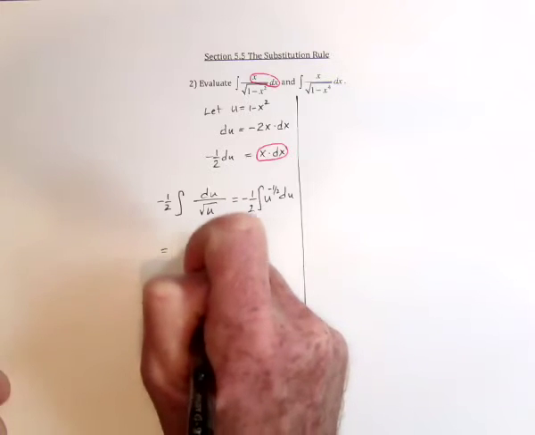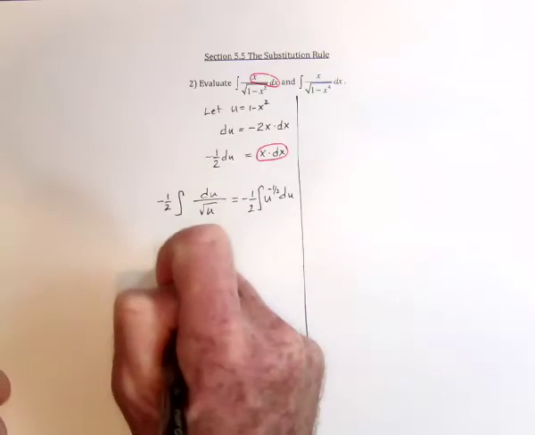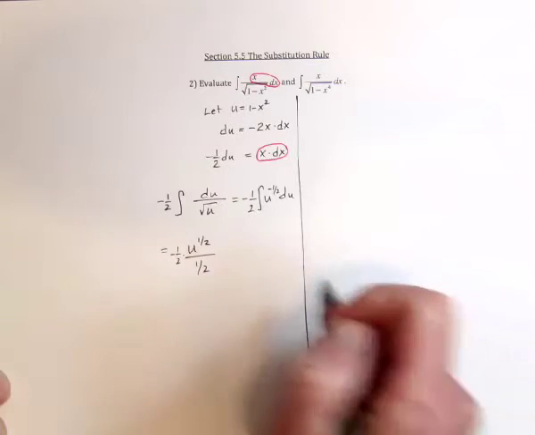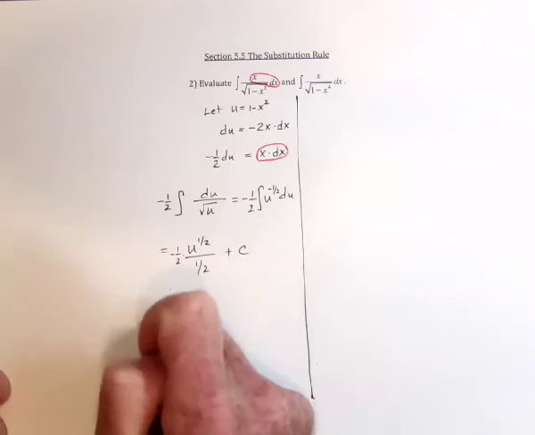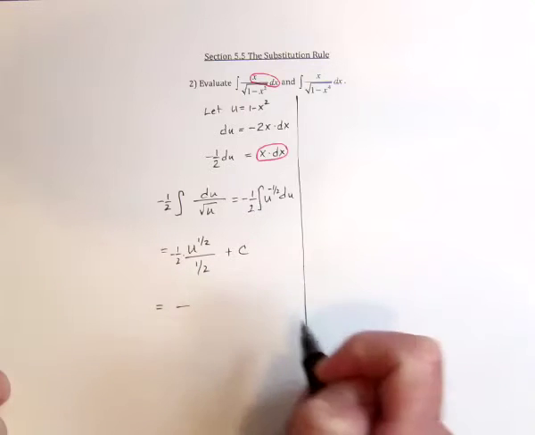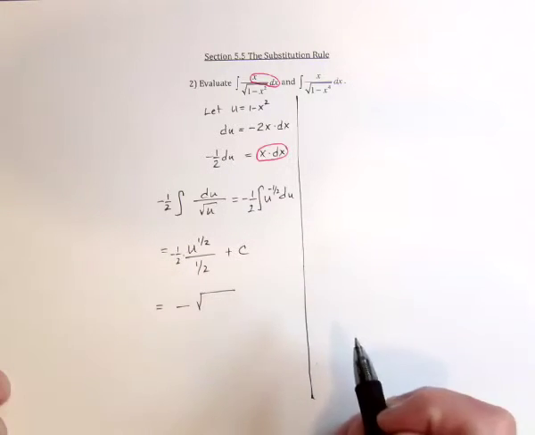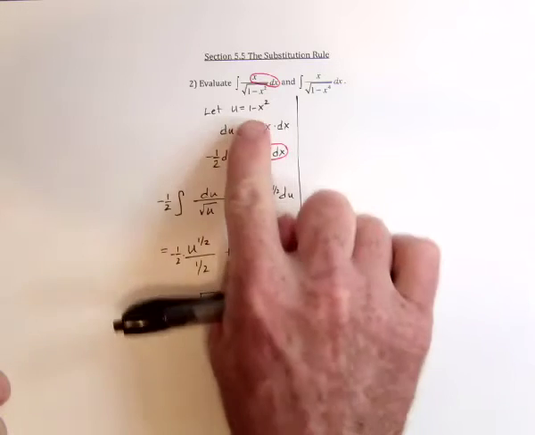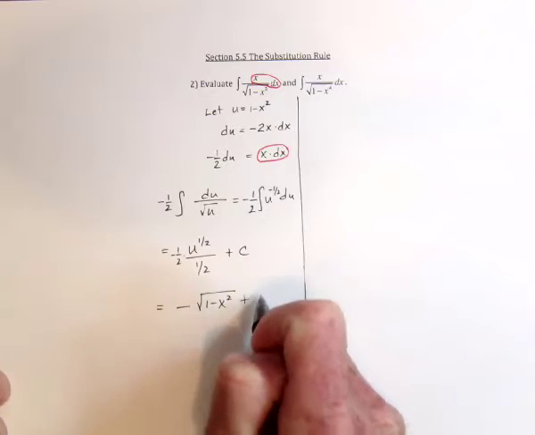So you get u to the 1/2 divided by 1/2, and the negative 1/2 is still out in front, and then plus a constant. Well, the negative 1/2 and the 1/2 are going to cancel, leaving just the negative sign behind. And then this one is going to be the square root of whatever u was, which was back here 1 minus x squared, plus a c.